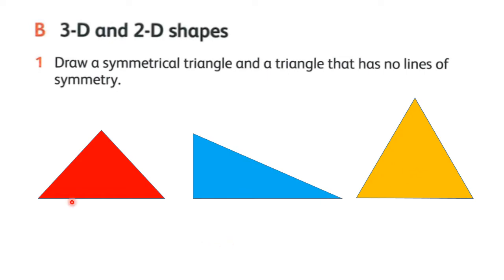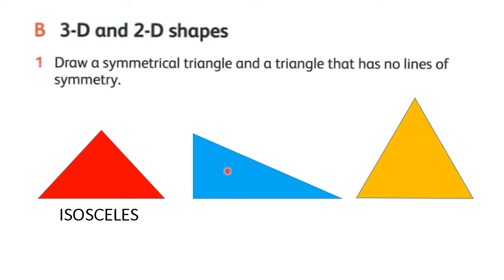Let's take a look at the red one. It has 2 equal sides and 2 equal angles. Do you remember the name of this triangle? That's right, it's an isosceles triangle.